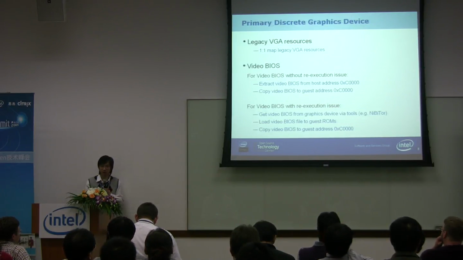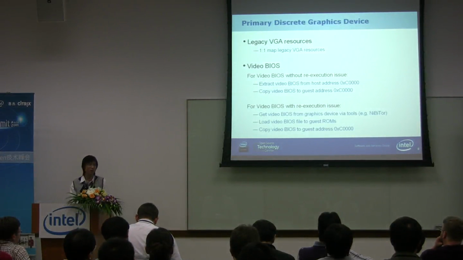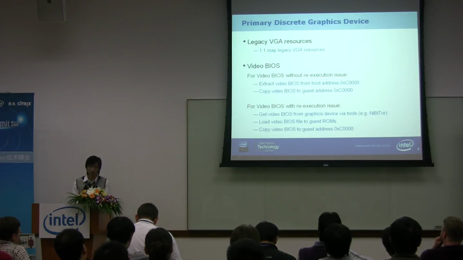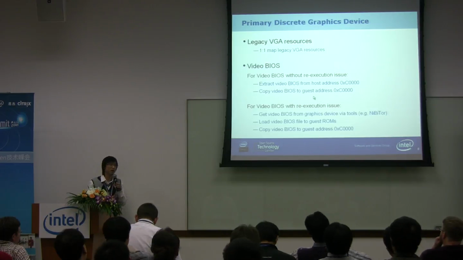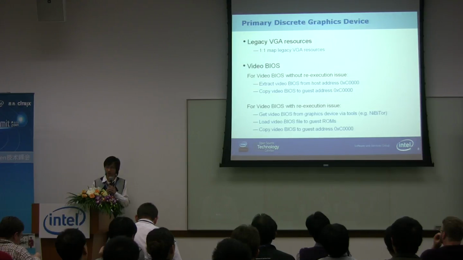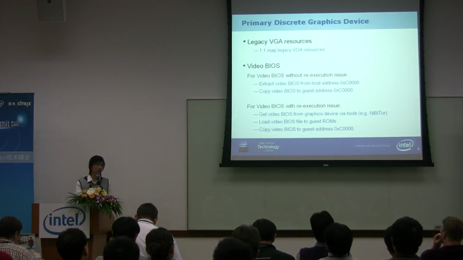Let's start from the simplest case. The graphic is the primary, and it's also a discrete device. For the legacy VGA challenge, we can map the VGA resources, the I/O port, MMIO, register, so that the address is the same also in the guest.